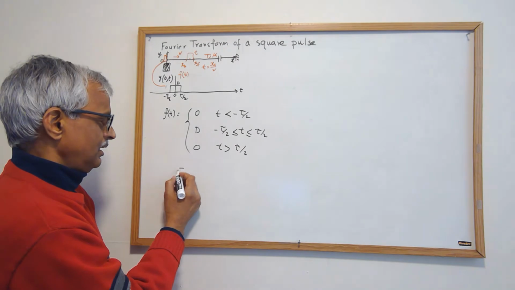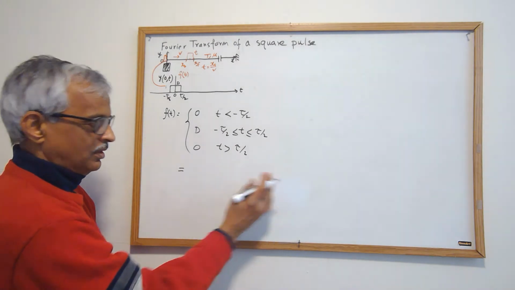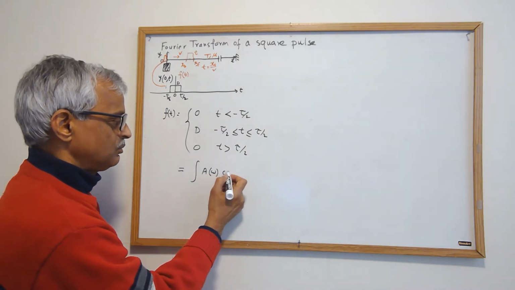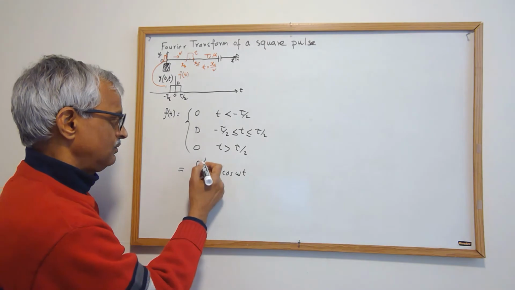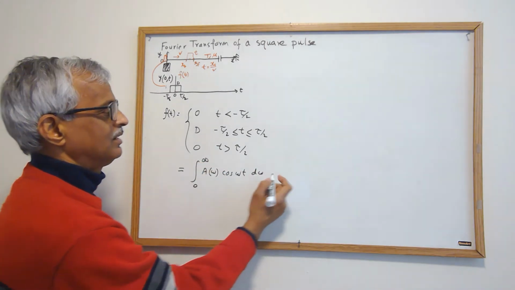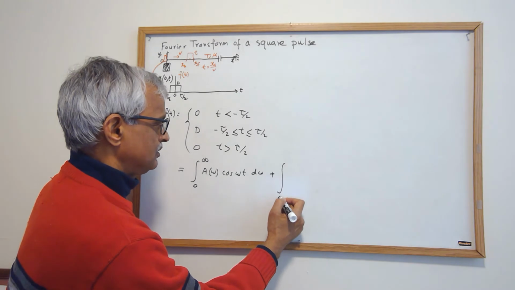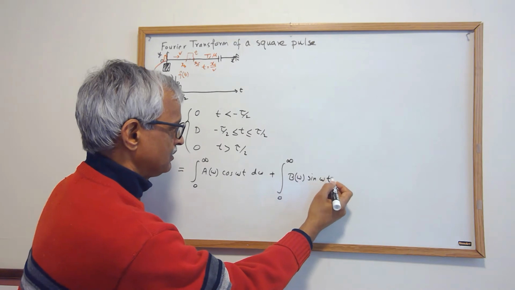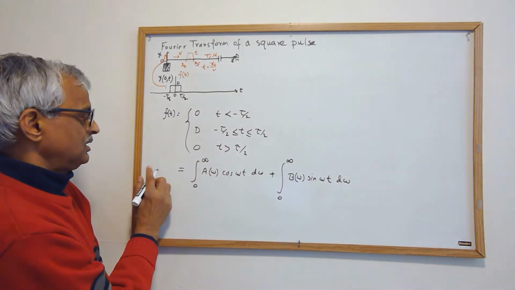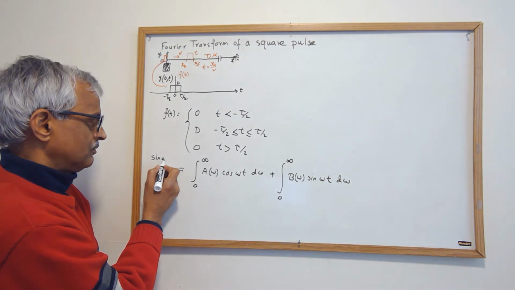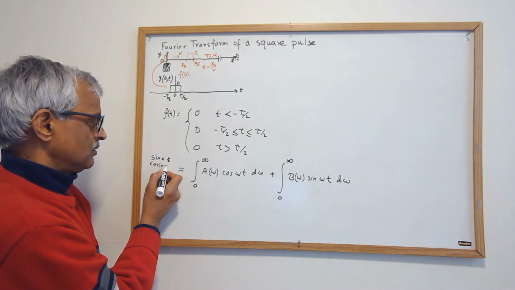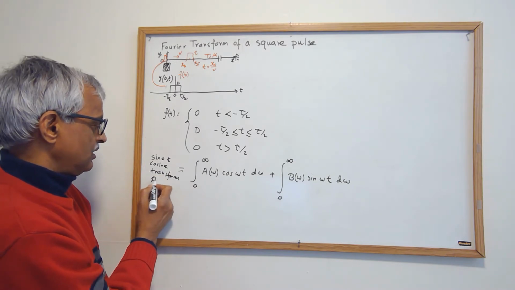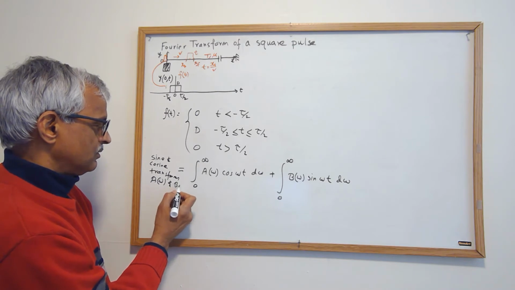So I want to write this as a Fourier transform. What does it look like? It looks like the integral from 0 to infinity of a of omega cosine omega t d omega, plus the integral from 0 to infinity of b of omega sine omega t d omega. So this is using the so-called sine and cosine transforms, a of omega and b of omega.